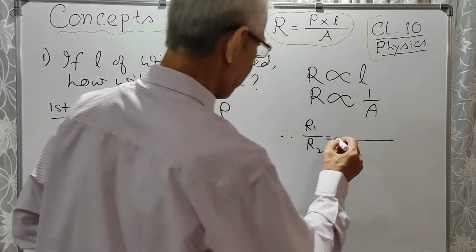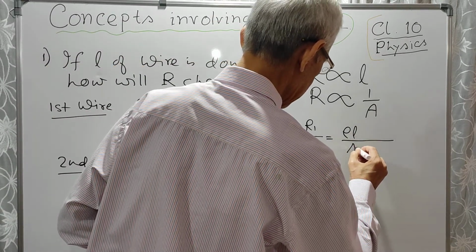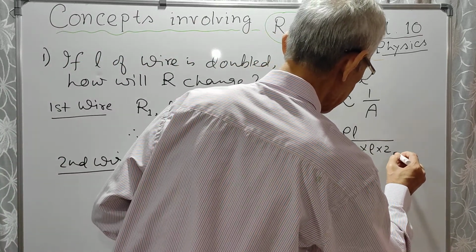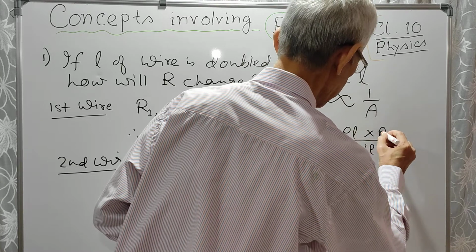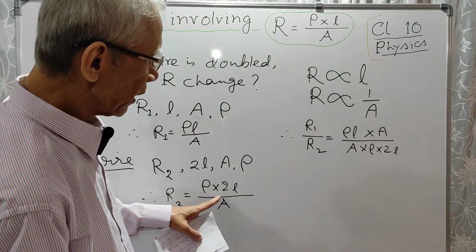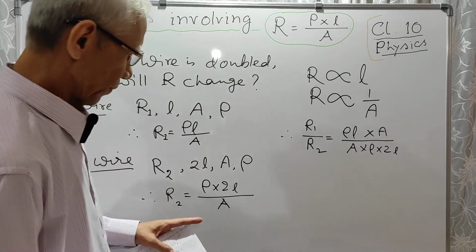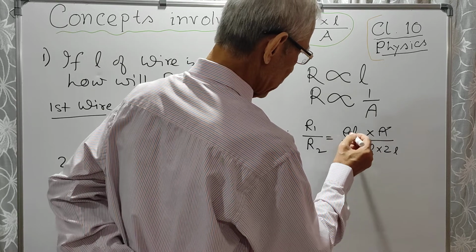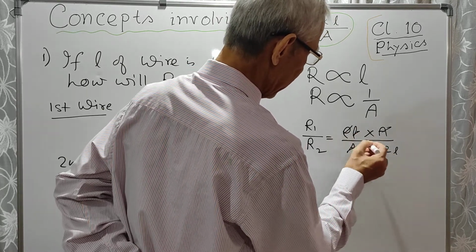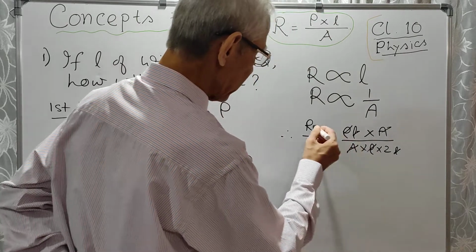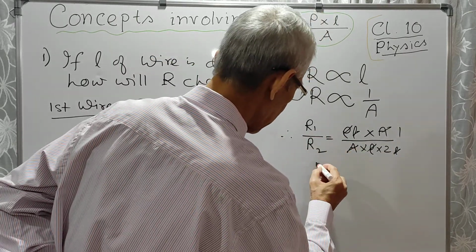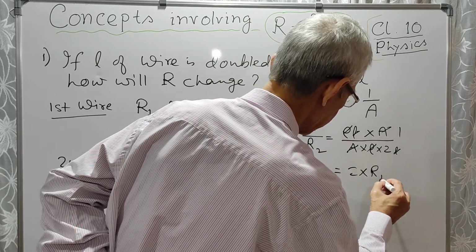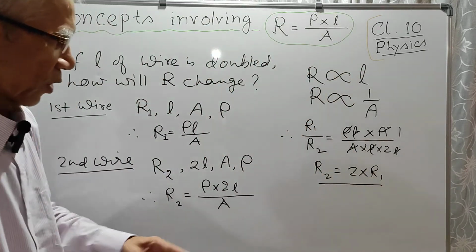Rho L by A divided by rho into twice L by A. A cancels, rho cancels, then L cancels. So what we get? This is 1 by 2. So R2 equals 2 into R1. So you see, R2 is 2 into R1.